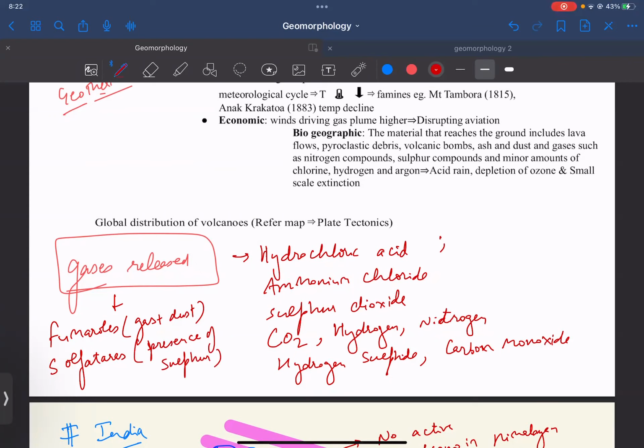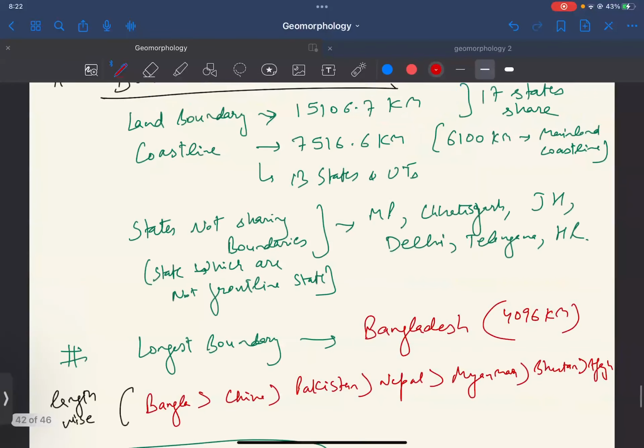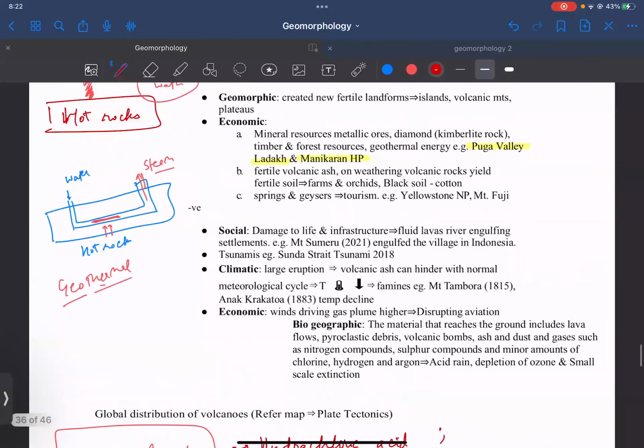These are the basics you need to remember because UPSC might ask you about this in prelims. Right? You need to remember these things. Yeah, this is enough.